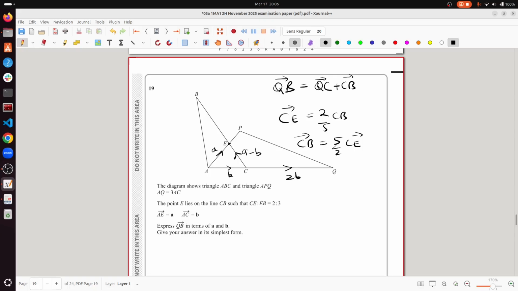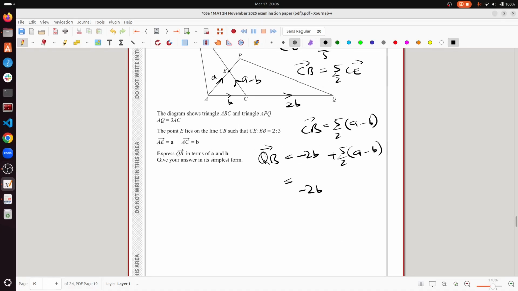We know what CE is already, so CB is going to be 5/2 and CE is A minus B. So that means that QB is going to be QC, which is minus 2B plus 5/2 A minus B. It's minus 2B plus 5/2A minus 5/2B.